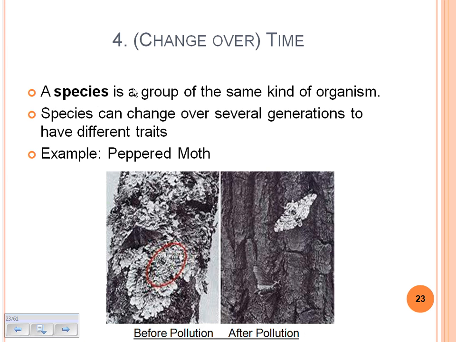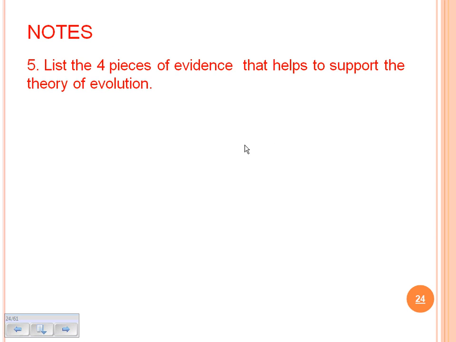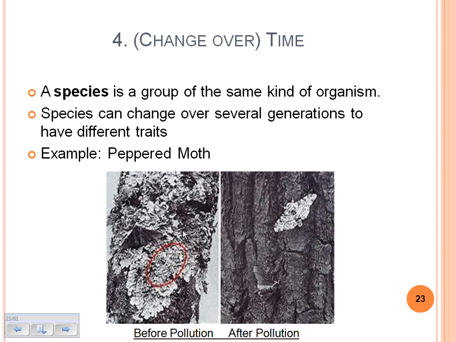And the last explanation is a change over time. A species, and this is a word that you should probably highlight, is a group of the same kind of organism, and they can change over several generations to have different traits. For instance, the peppered moth.